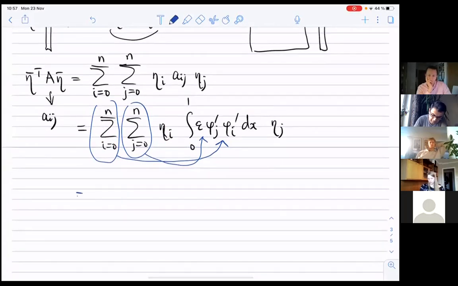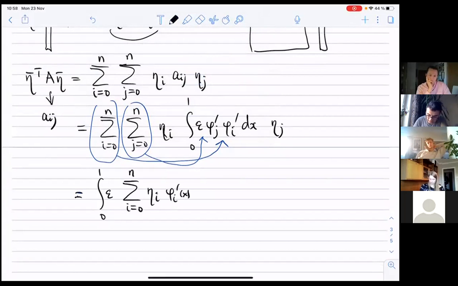It is equal to the integral 0 to 1 of epsilon, the first sum, sum i equals 0 to n of eta i phi i prime. Okay, so it depends on x. The second sum is sum j equals 0 to n of eta j phi j prime of x. Everything is dx.